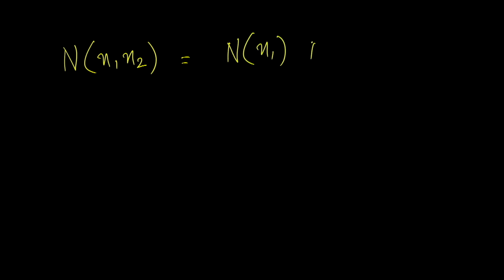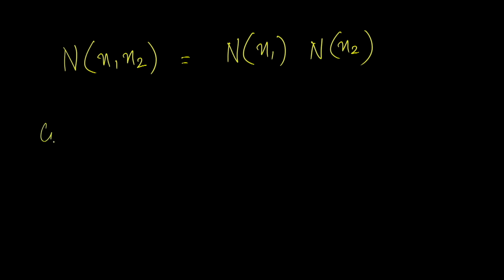So, you can verify that the norm of a product of two members of C is equal to the product of the norms. In other words, for two members n1 and n2 of C, the norm of n1 into n2 is the norm of n1 into the norm of n2.